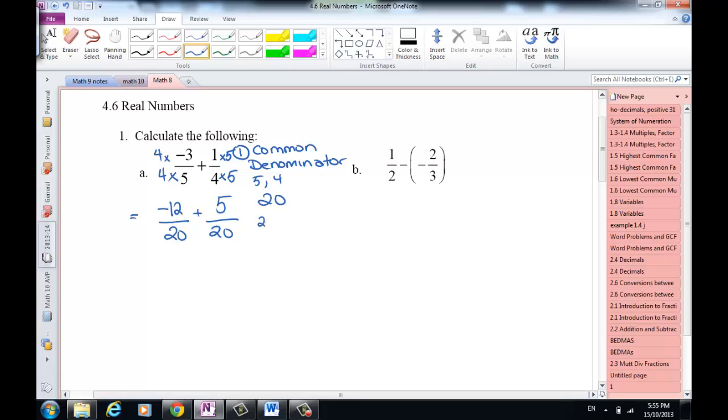Now my second step is to actually just add and subtract the numerator. So I'm going to rewrite this, and what I have on top is negative 12 plus 5, and they're over 20.